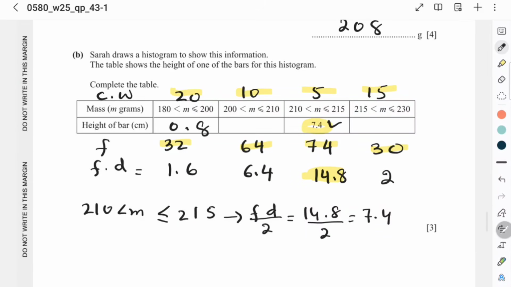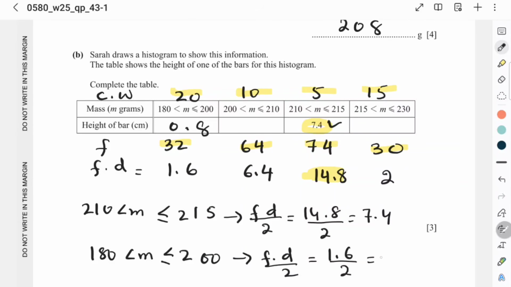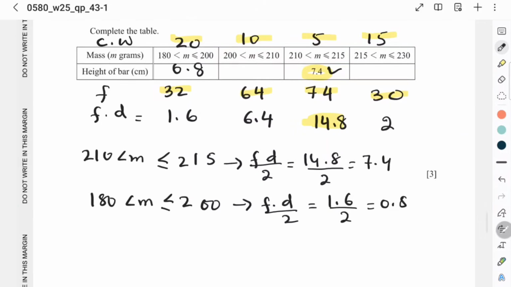So we try the same thing. Now we try the first one, 180 less than m less than or equal to 200. Frequency density upon 2: frequency density here is 1.6, and 1.6 upon 2 is 0.8. I've written 0.8 here.